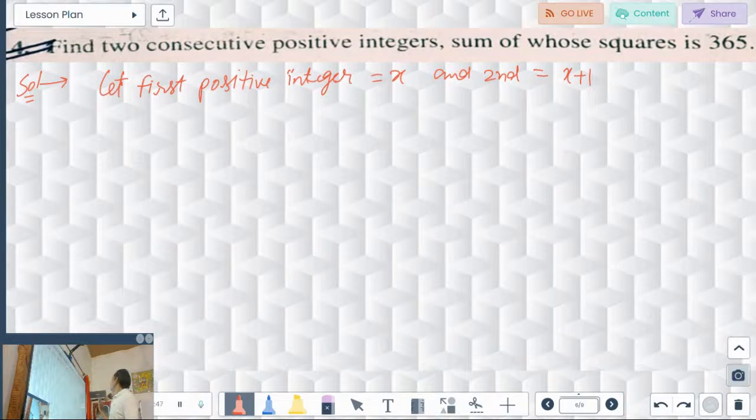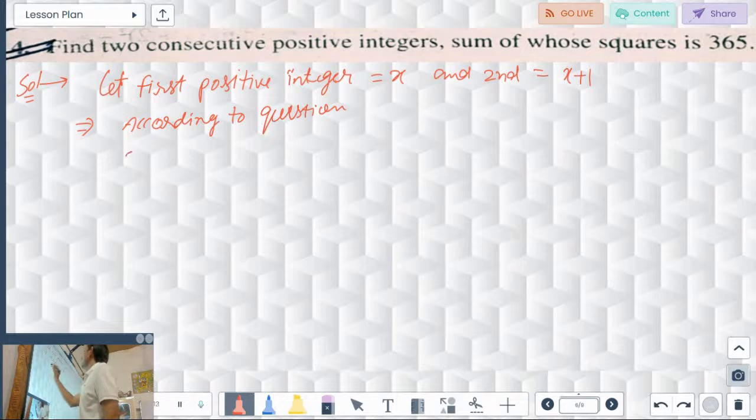Now as per the question, the sum of whose squares is 365. According to the question, x square and (x plus 1) square is 365.